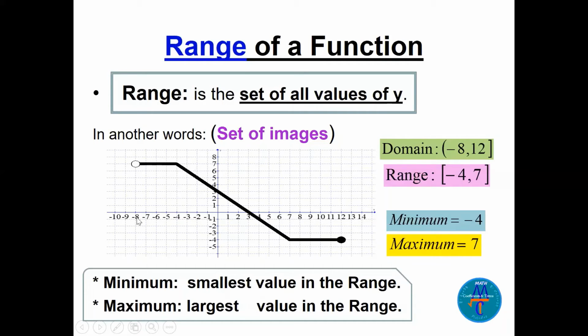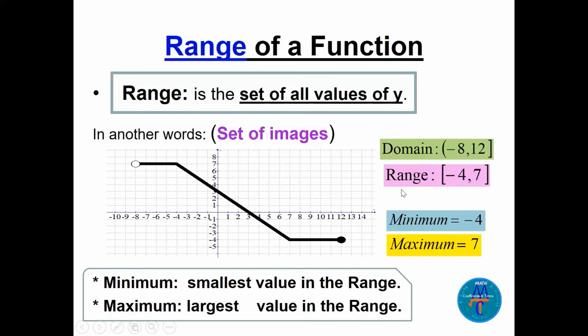These are the values of x starting from minus 8, but I see a hole here, so it is not included. The values of x continue until 12. So minus 8 open, 12 closed. So we call this the domain. All the numbers, even the fractions. We cannot go to 14 or 15 or 16 because the graph stops at 12.